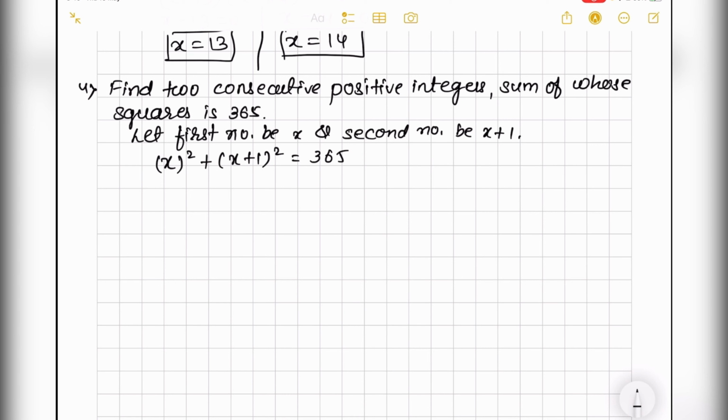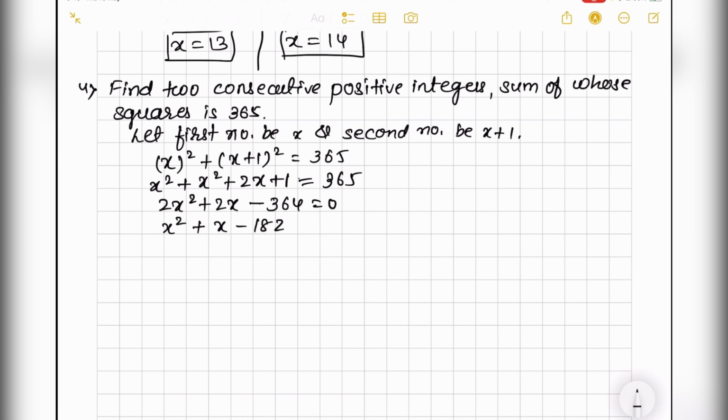So solving them, what will I get? x² + (x + 1)² = 365, so x² + x² + 2x + 1 = 365. So can I say 2x² + 2x, if I bring 365 to the left hand side, -365 + 1, so -364 = 0. Now everywhere 2 is common. If I divide by 2, x² + x - 182 = 0. Now 182, just now we solved with 13 and 14.